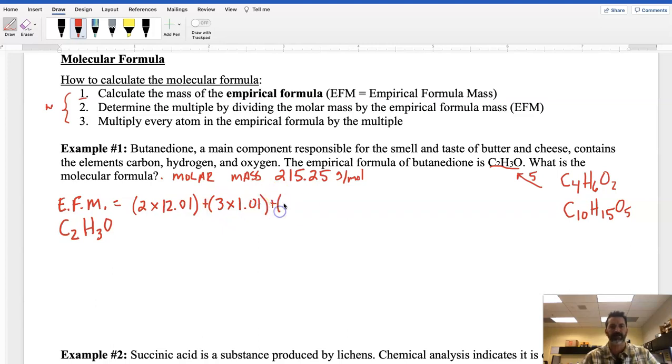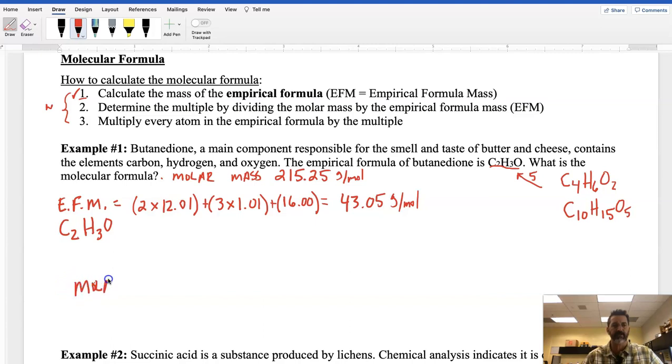And then there's 1 oxygen in this compound, so we're just going to do 1 times 16. That gives me the empirical formula mass, which is 43.05 grams per mole. So that's step 1. Find the empirical formula mass. The empirical formula was given. I just look it up off the periodic table.